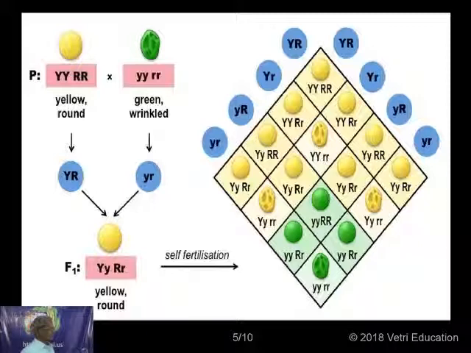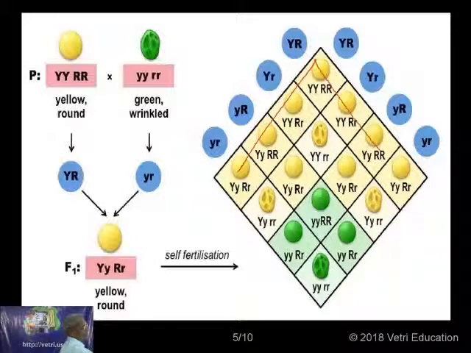See, this is yet another presentation. This is also very beautiful, very nice. And here they have shown it with the diagrammatic representation. So this is how the yellow round seeds look. See here the pattern is still very beautiful. These are the yellow round cases, and these are the yellow wrinkled cases.